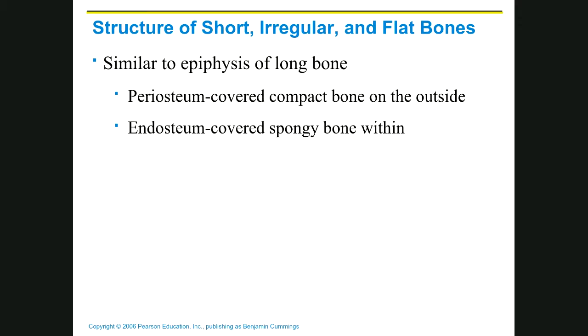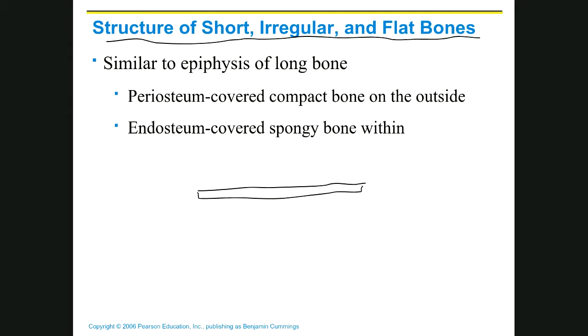So that was a long bone. If we look at short bones, irregular bones, flat bones, they basically all look the same. So remember, a flat bone looks like this. It looks like a sandwich. And so what we have is dense bone out here on the outside, and then spongy bone in the middle.